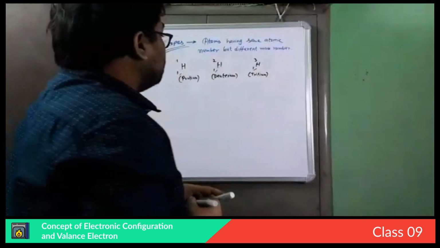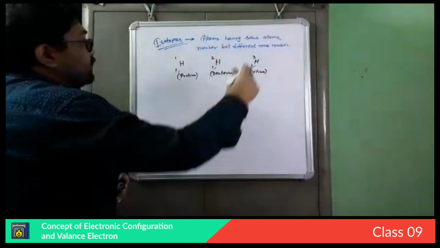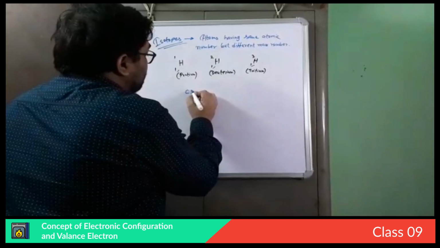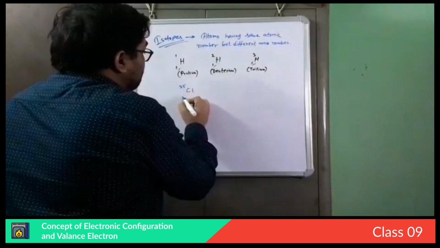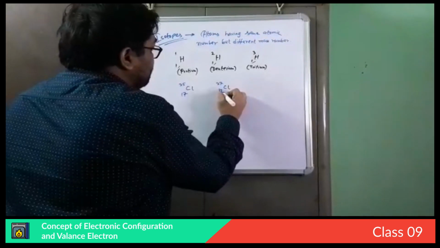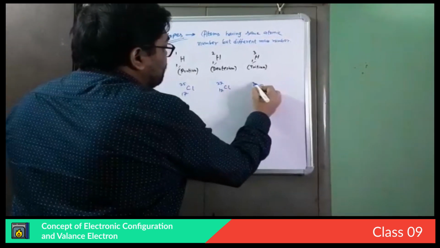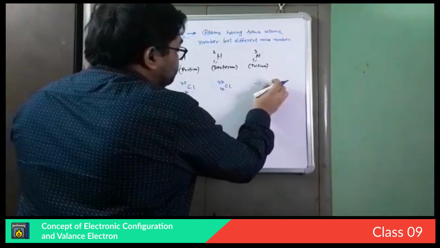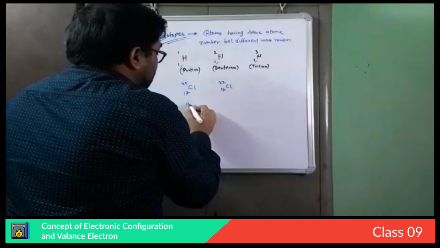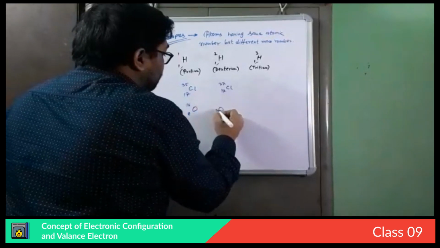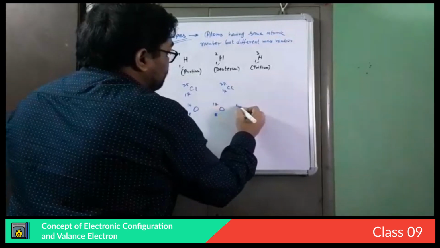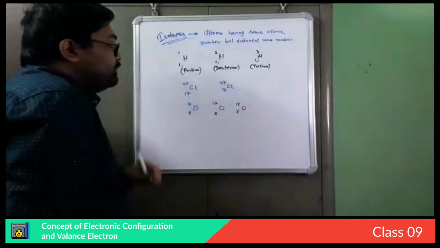For the first case it is 1, for the second case it is 2, and for the third case it is 3. Similarly, the isotopes of chlorine are Cl 35 17, Cl 37 17. For oxygen I am writing oxygen 16, 8, oxygen 17, 8, and oxygen 18, 8, right?